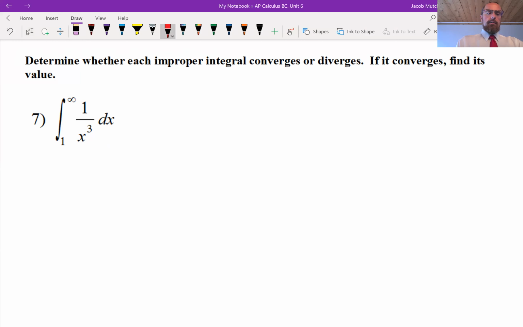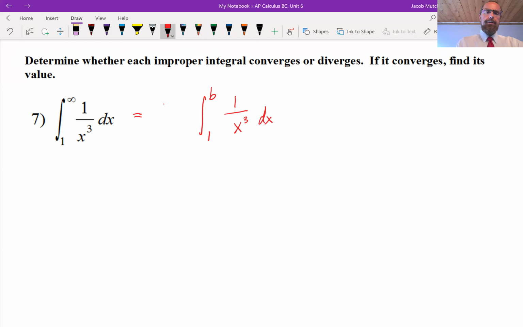So if I've got an integration like this one, number 7, from 1 to infinity of 1 over x cubed dx, what I want to do is rewrite this by replacing this upper limit, could have been the lower one, whichever one is infinite, with a variable. So I'm going to say that this is equivalent to the integration from 1, which would be my a, to b of 1 over x cubed dx.